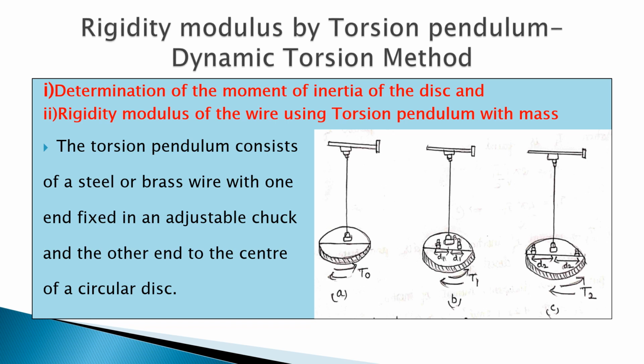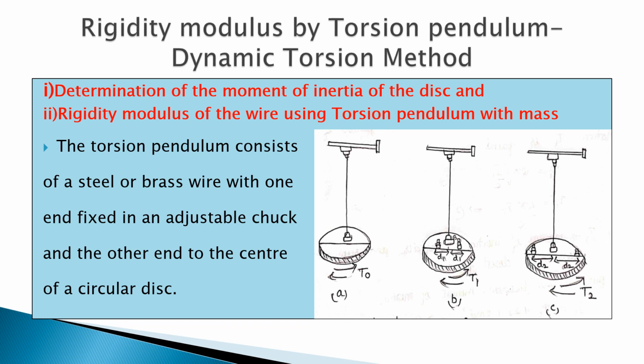We are going to find the rigidity modulus of the wire by torsion pendulum using the dynamic torsion method. So this method consists of 3 segments. In the first segment, we are going to clamp the wire in a fixed support, and at the end of the wire we are attaching a circular metal disc and we are going to make it undergo oscillation.